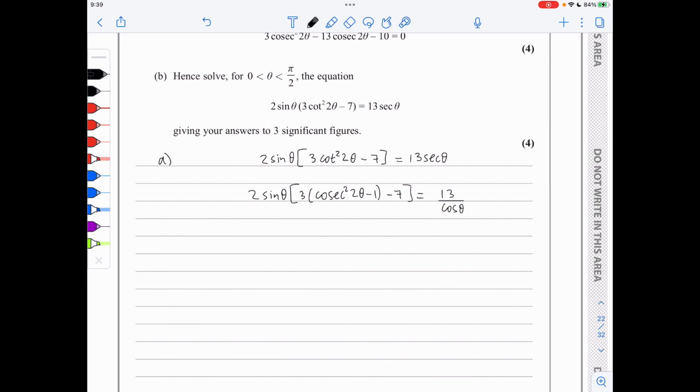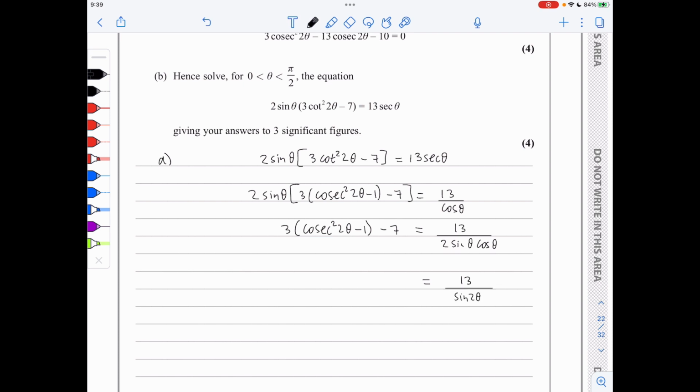And therefore, we can cross multiply the 2 sine theta to come over the right hand side denominator. So we've got 3 (cosec squared 2 theta minus 1) minus 7 is 13 over 2 sine theta cos theta. And of course, I recognize on the right hand side the denominator is simply sine of 2 theta.